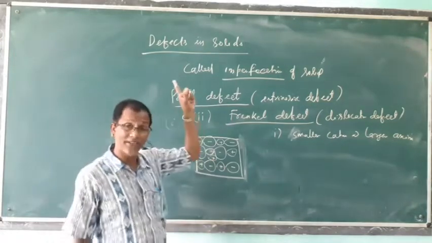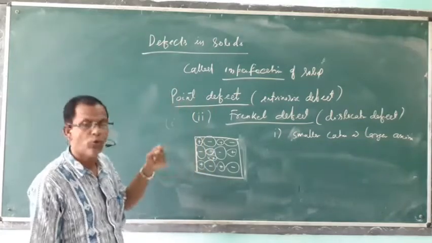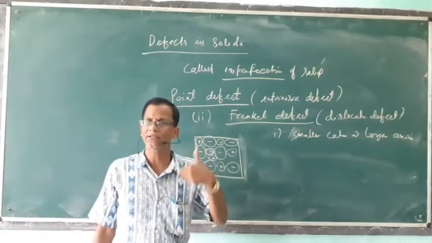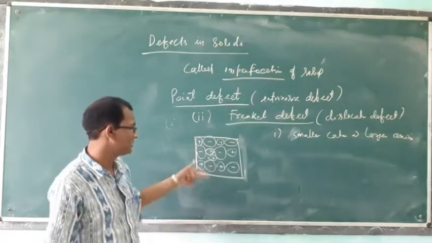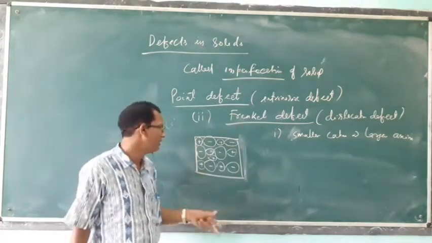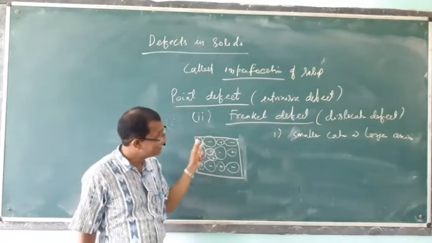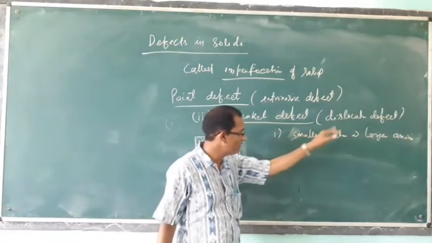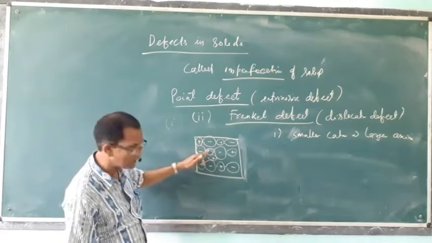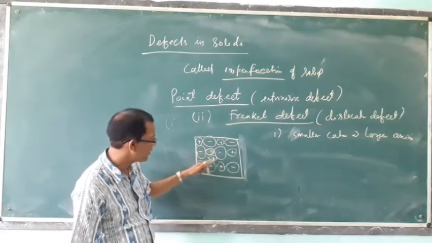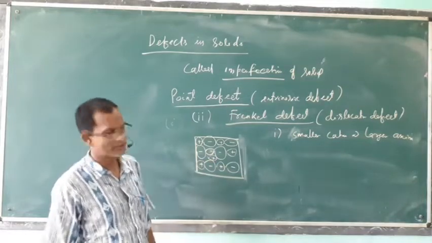But in Schottky defect, what do we observe? Both cation and anion are completely removed from the lattice point. But here it will not be removed. It will be just a dislocation. It will be dislocated, that means just missing from the lattice point and occupied at the voids.